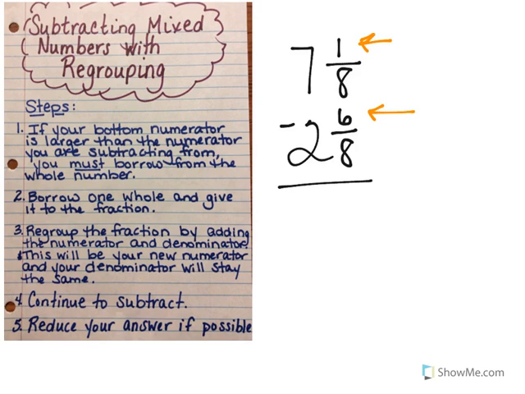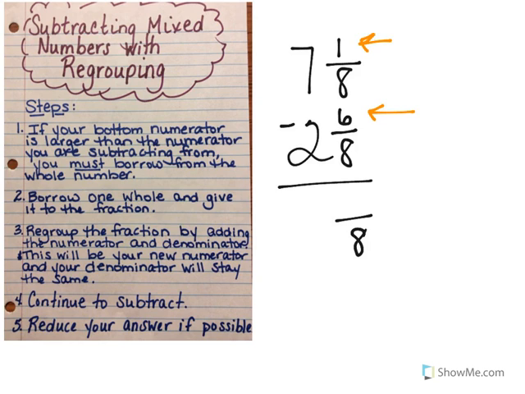So in this case, we could not go ahead right now and subtract. Not yet, at least. We can bring down the 8 because remember, when you subtract or add, the denominators stay the same. So I bring that denominator down and it's going to stay the 8. But I cannot subtract 6 from 1.